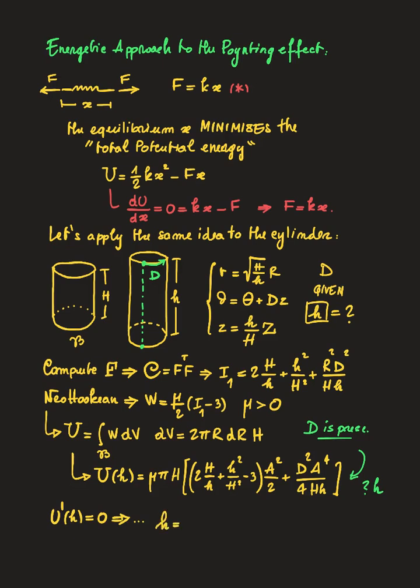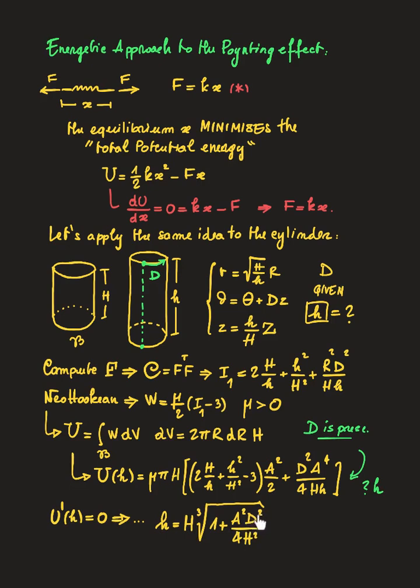It tells you that the current height of the cylinder at equilibrium is equal to capital H, which means the reference height, times the cube root of 1 plus a squared d squared divided by 4H squared. Now, as simple as it is, this expression immediately tells you the Poynting effect. Why? If the amount of twist that you prescribe is 0, then this quantity is 0 and the height of the cylinder is equal to the reference height.